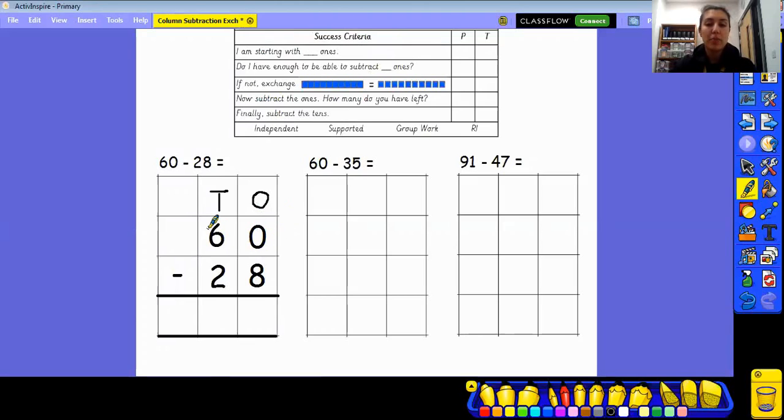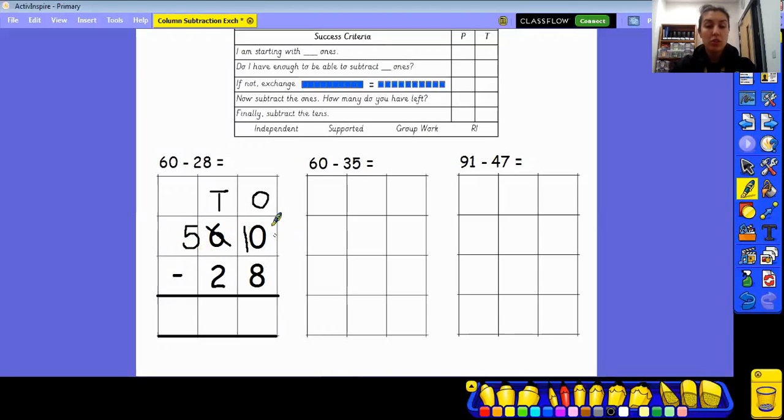That means I need to make an exchange. So one of the 10s from my 10s column is going to become 10 1s. And if I put that 10 here, you can now see that I don't have 0 1s anymore. I've actually got 10 1s. And I'm not going to have 6 10s left anymore. I'm going to have 5 10s.